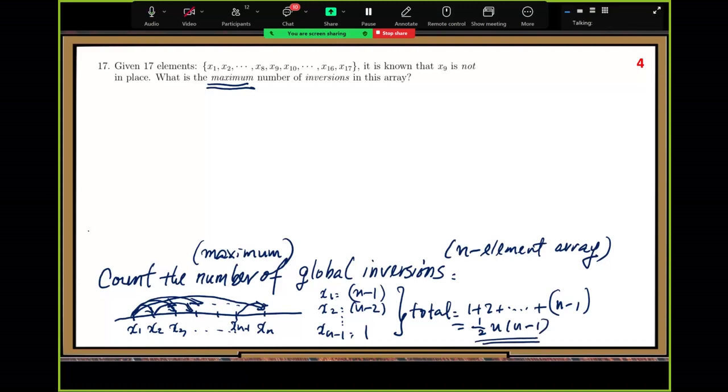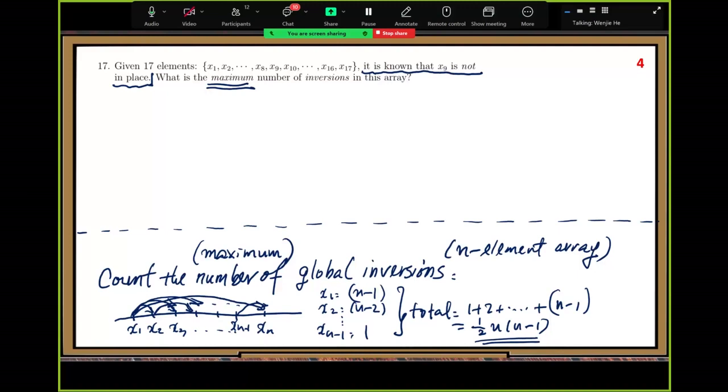Before you answer this question, you should know this general result, so that we can apply it. Now, but for this question, there is a condition. It is known that x sub 9 is not in place. So we know its meaning, in place.